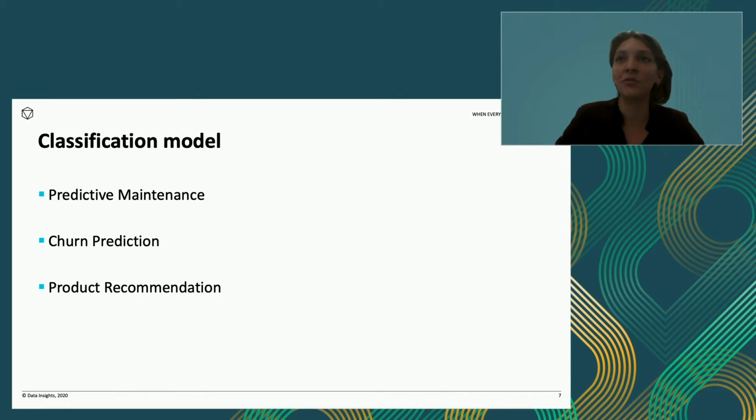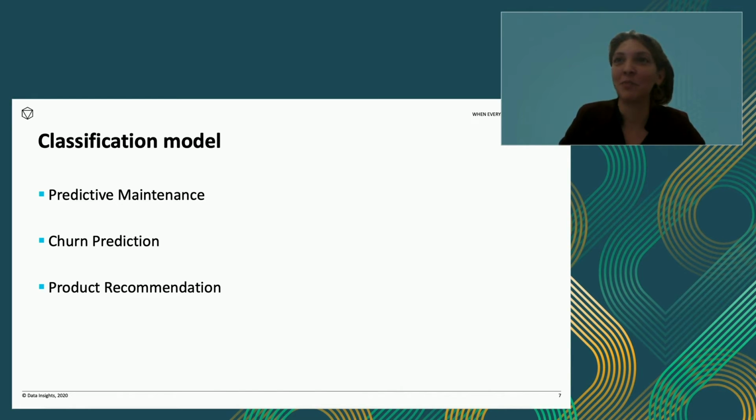So for example, for the German market, classification models are really used a lot. Classification models are these models that from every data set try to predict which entity is going to fall in which class, let's say. Specifically, or actually more theoretically, let's talk about the predictive maintenance use case.